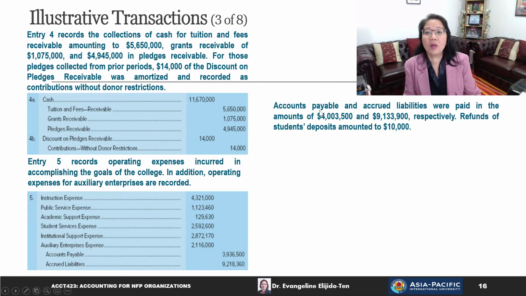It says that accounts payable and accrued liabilities were paid in the amounts of 4,003,500 and 9,133,900 respectively. Refunds of students' deposits amounted to $10,000.